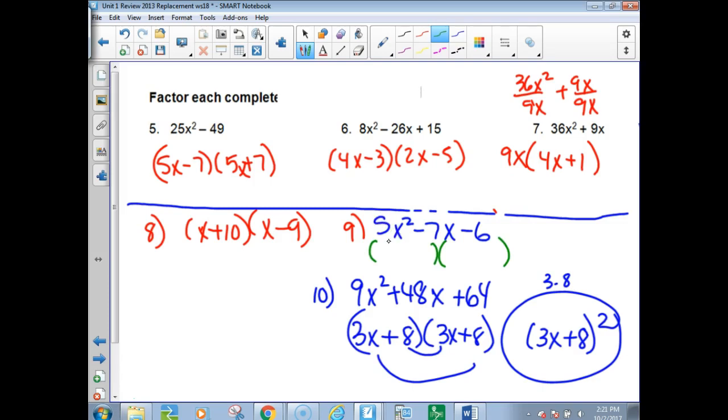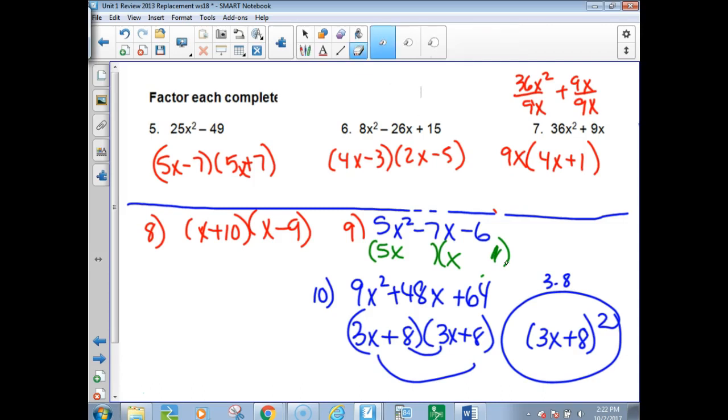So 5x, the only choices for factors of 5 are 5 and 1. So I know it's going to be 5x and x. I have some more choices for 6. 6 and 1 or 2 and 3. But if I did 6 and 1, that's going to give me 5x and 11x in the middle. That won't work. And the other way is just going to give me even bigger numbers. So I'm going to use 2 and 3.